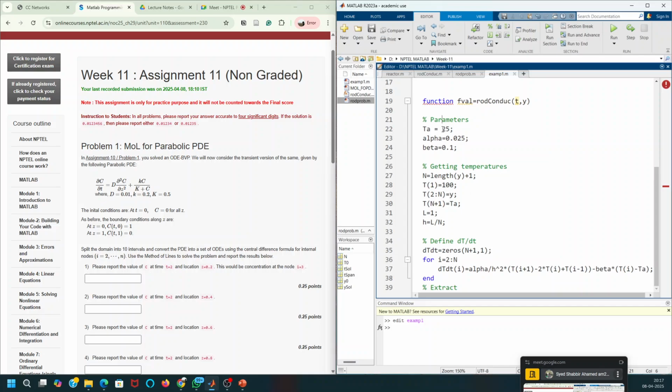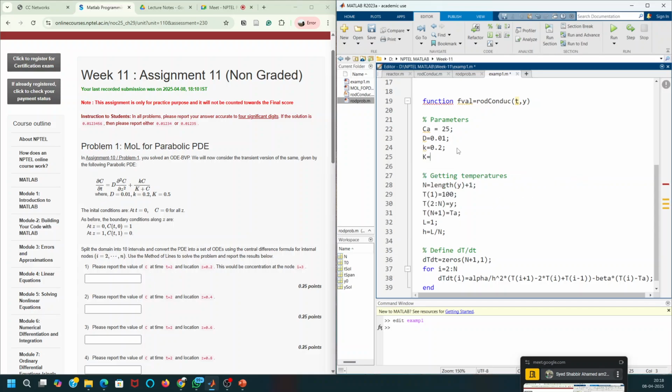Here we will change this and write it as CA here. And this is not alpha. Here we have capital D equal to 0.01, small k equal to 0.2, and capital K equal to 0.